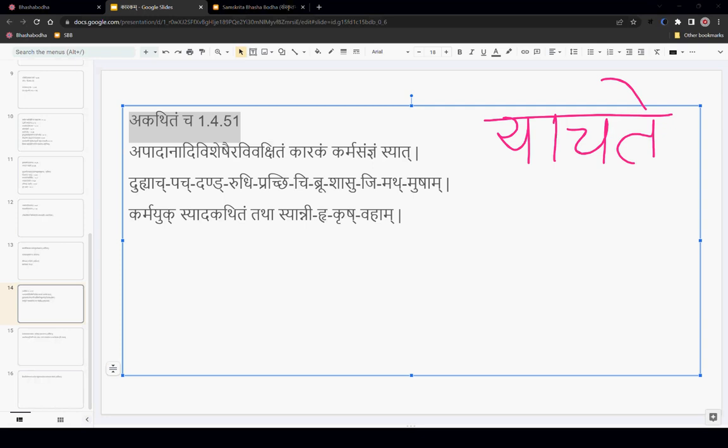There are some similar synonyms, like bhikshate, the bhiksha dhatu. Then there are others also, like natha, nathati. Natha is also begging only, begging for protection or ashraya.